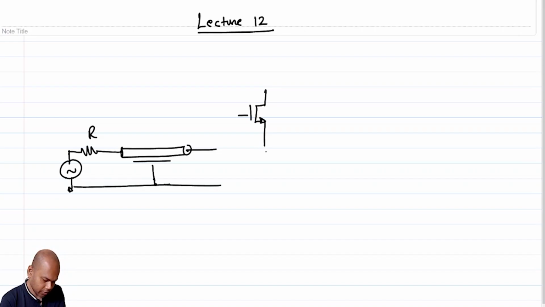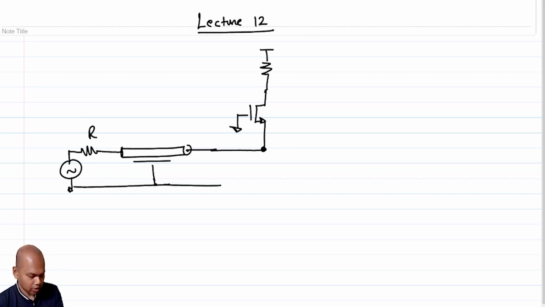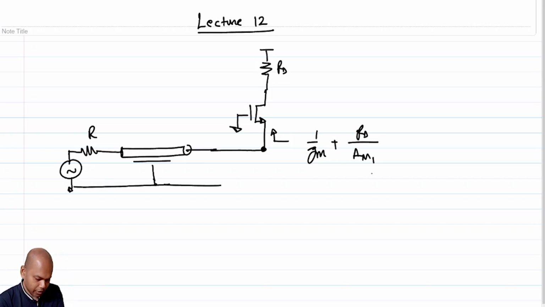And this was the small signal model of the common gate amplifier, or the common gate input stage, and we saw that the input resistance here is approximately equal to 1 over Gm plus Rd by the intrinsic gain of the transistor M1.